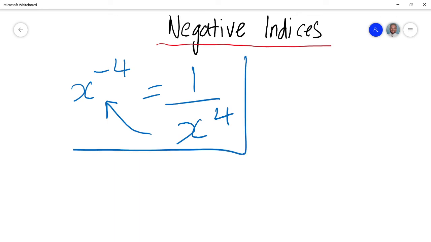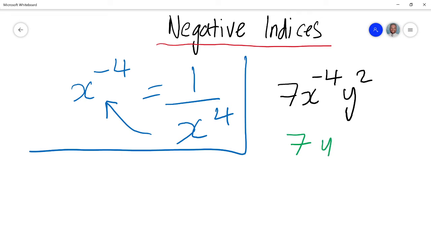Let's look at another one. Suppose we have 7 x to the power negative 4 y to the power 2, and I want to write this negative index as a positive index. How would I write that down? The x to the power negative 4 becomes 7 over x to the power 4, so you put 7 y squared over x to the power 4, because you know very well that negative 4 means it's 1 over x to the power 4.